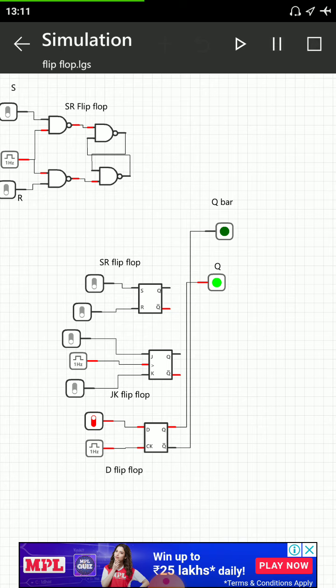Now at input 1, Q is high, output is there. When I switch the input, then again the state changes with the clock signal. So the truth table is verified for D flip-flop.